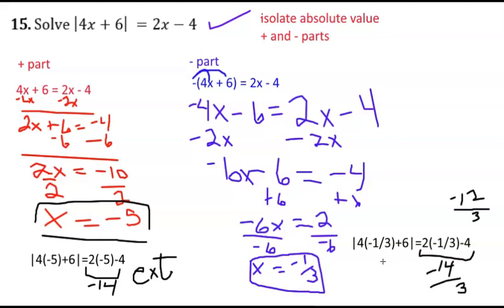That's negative. You can't have a negative with an absolute value. That's also extraneous. So for this one, there's no real solution, and you have these two extraneous solutions.